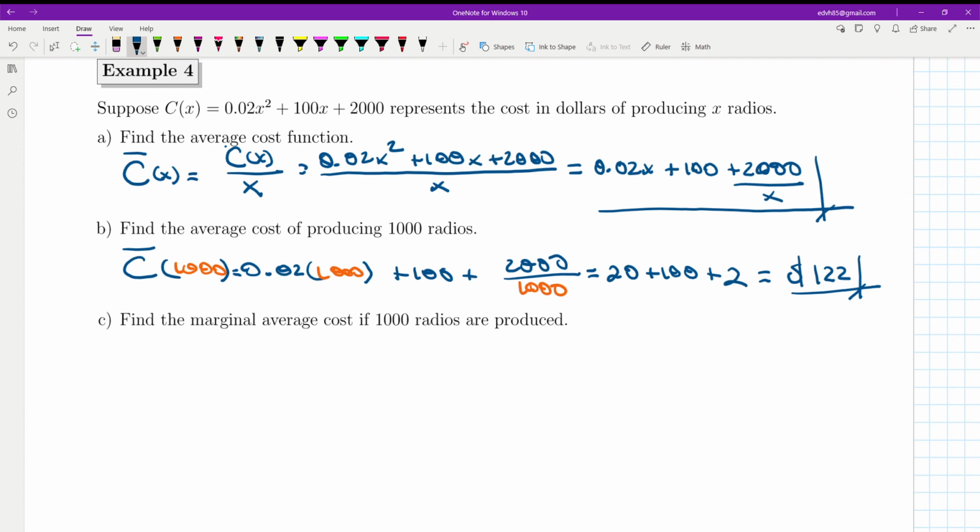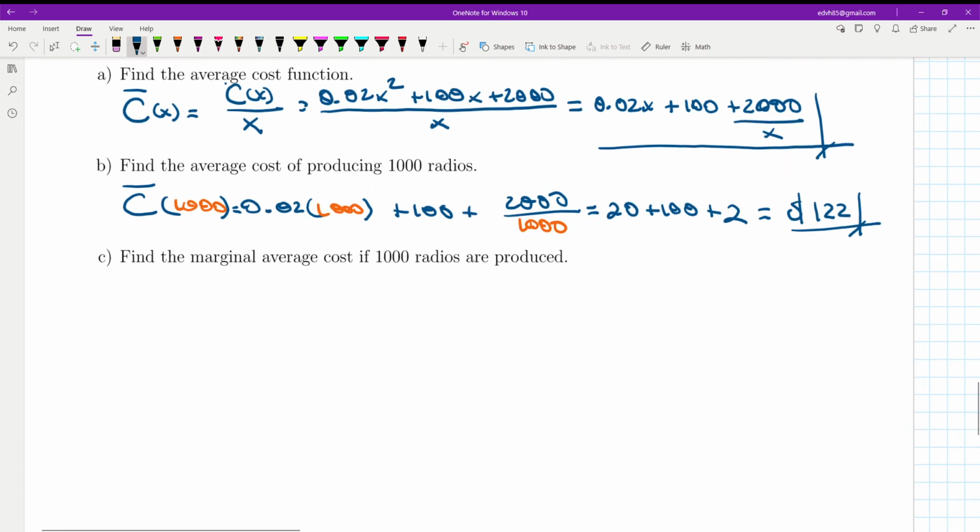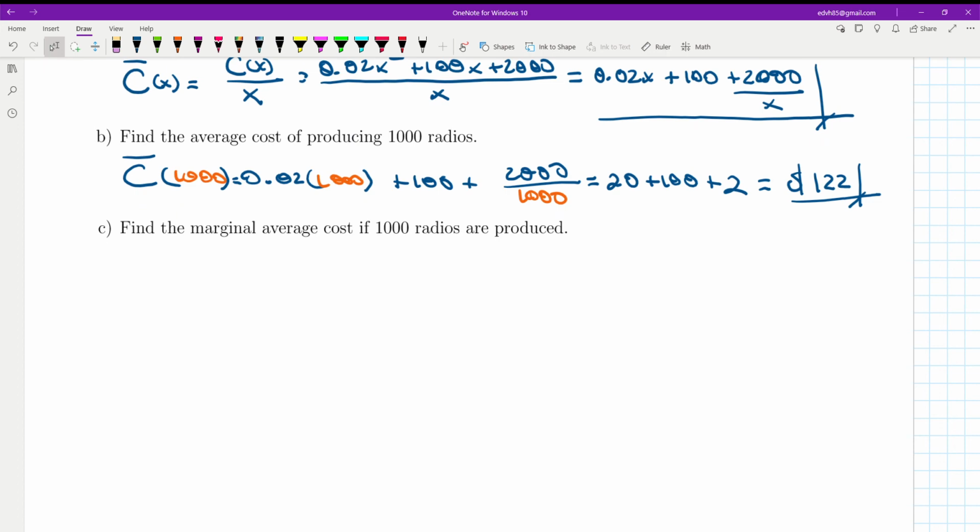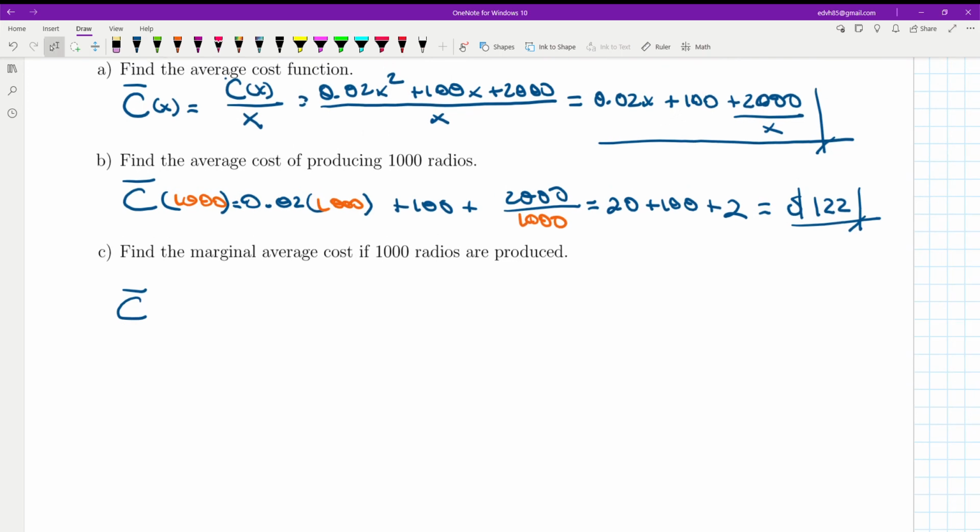Now, what is the marginal average cost? The marginal average cost will be, well, find the derivative. But before finding the derivative from this function right here, you may not want to differentiate just from here, because look at the x in the denominator.